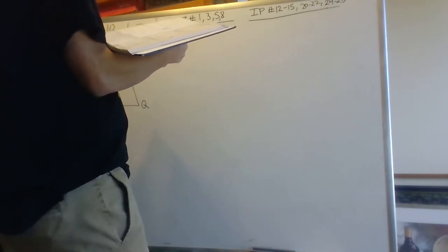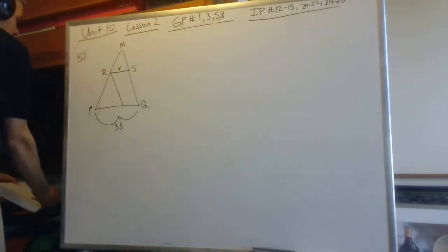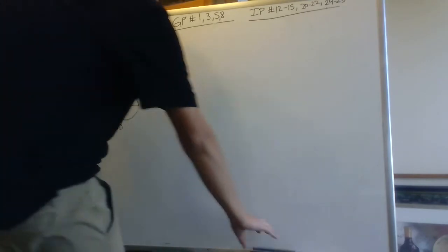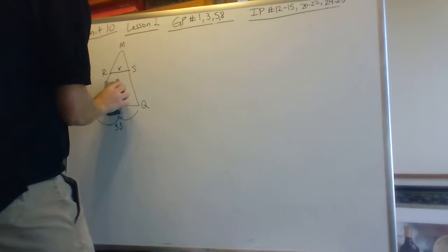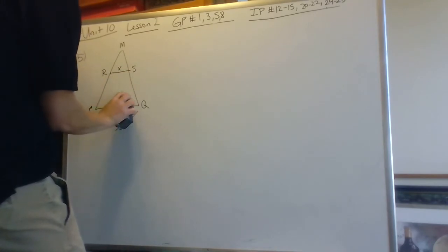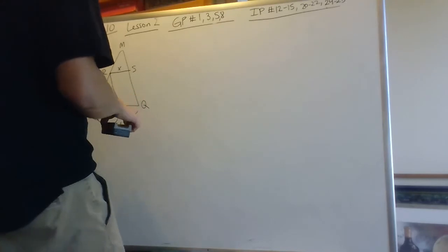So PQ's length is 38, and it says RS is the mid segment of triangle MPQ. Find the value of X. So essentially, this I drew a little bit inaccurate. It's supposed to be the mid segment, so I'm just going to try to draw it halfway through.